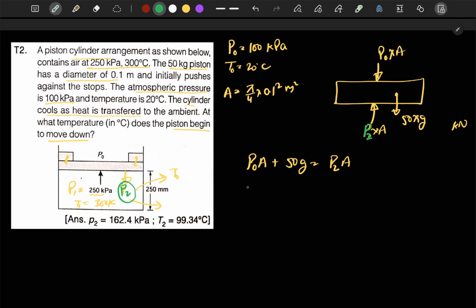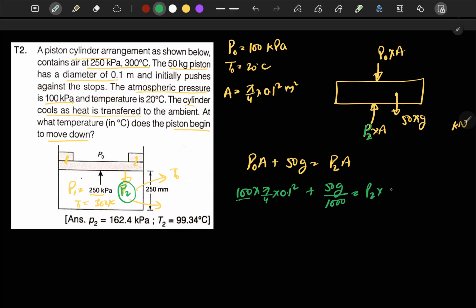So here P naught is 100 into area, pi by 4 into 0.1 square, plus 50g. And since this pressure is in kilopascal and we want P2 also in kilopascal, we can directly divide by 1000 to convert the weight into kilonewton, so the calculation will be easy.